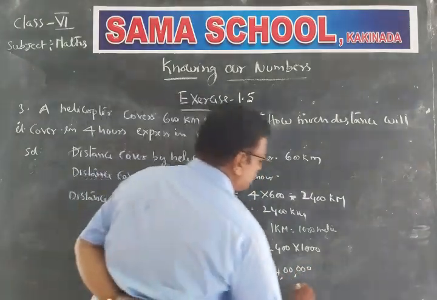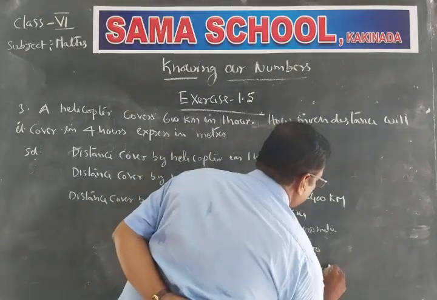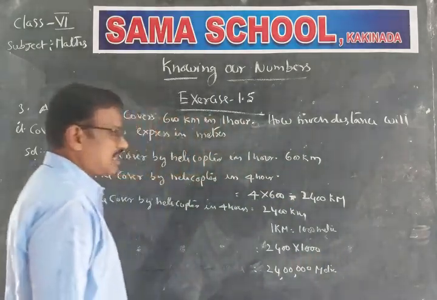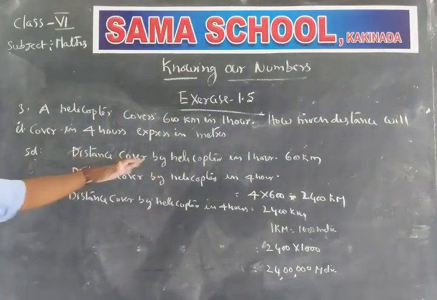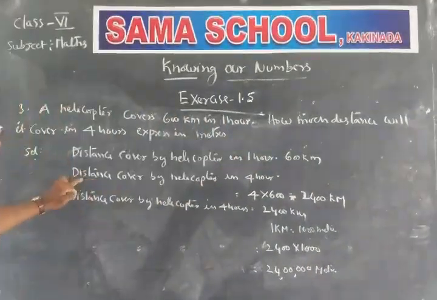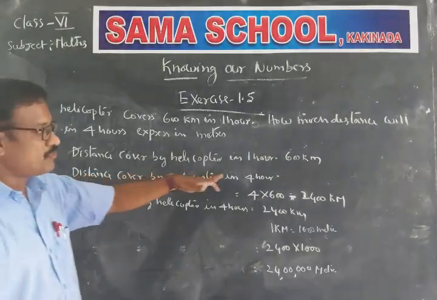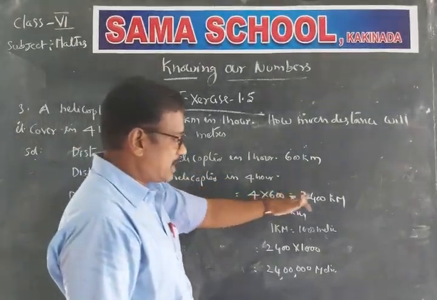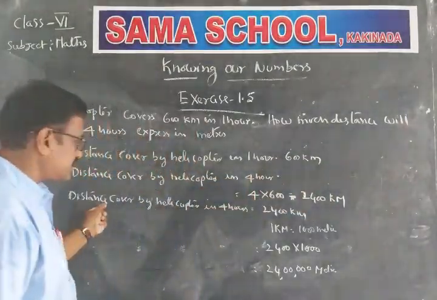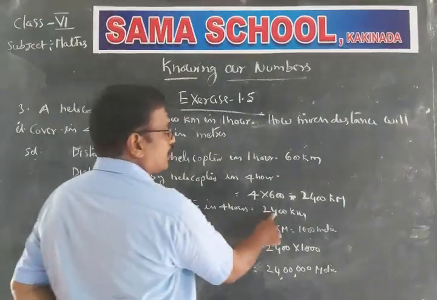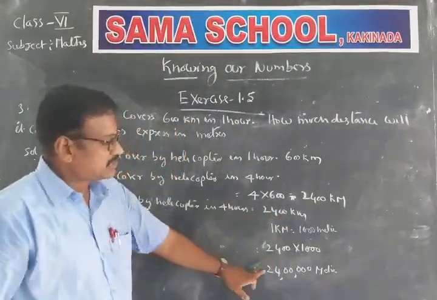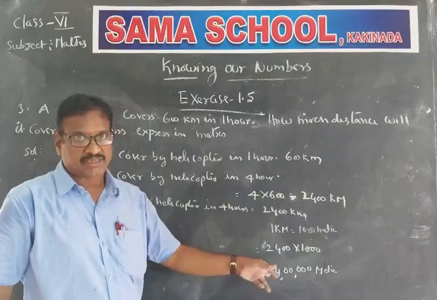That is 24 lakh meters. The distance covered by the helicopter in 1 hour is 600 kilometers; in 4 hours, 4 multiplied by 600, 2400 kilometers, which converts to 24 lakh meters.